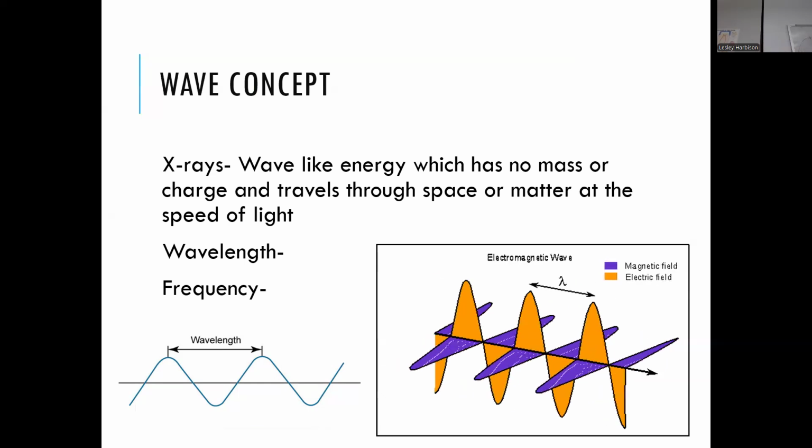The one where there are like 15 peaks in that same measurement of space has a higher frequency. So if we take a chunk of that length, the one that has more peaks is high frequency. The one that has fewer peaks is low frequency.